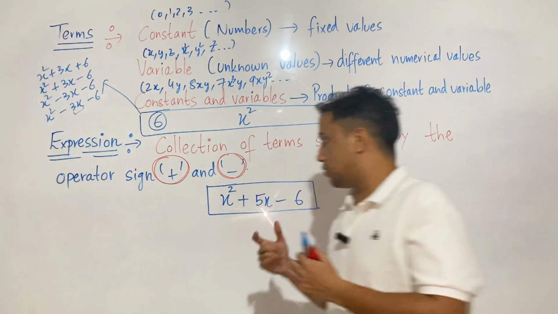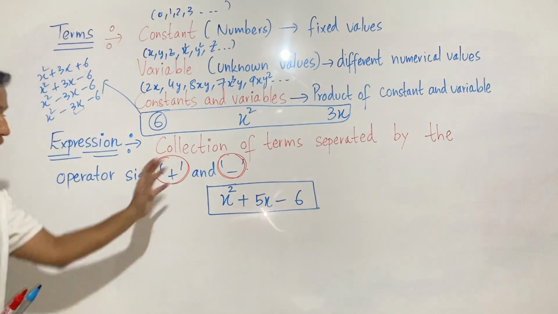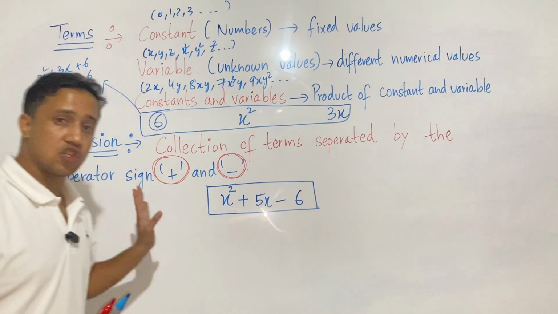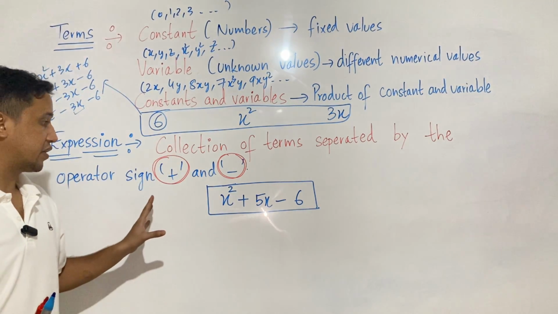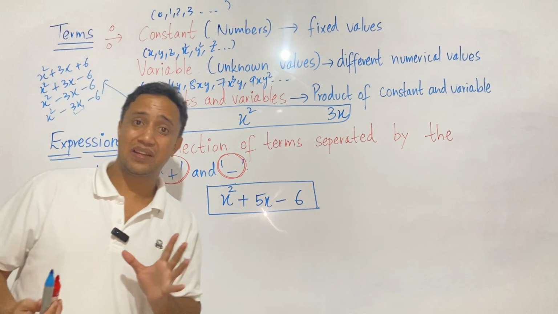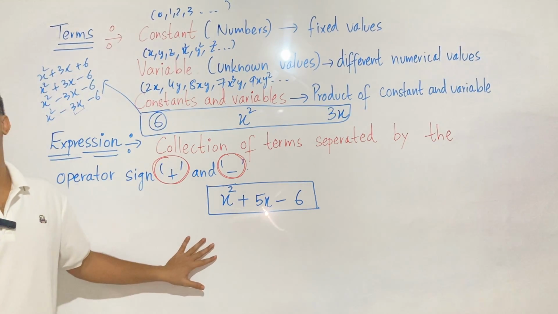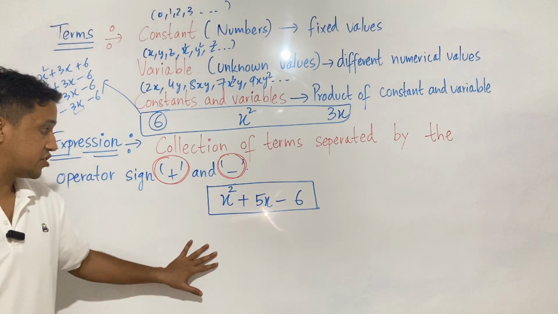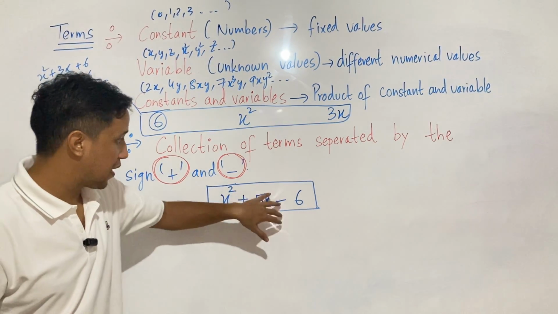Okay, let's see, we are given this expression. Let's see if this is an algebraic expression. In an algebraic expression, the minimum requirement is that it must have one variable term, right? So x squared plus 5x minus 6.